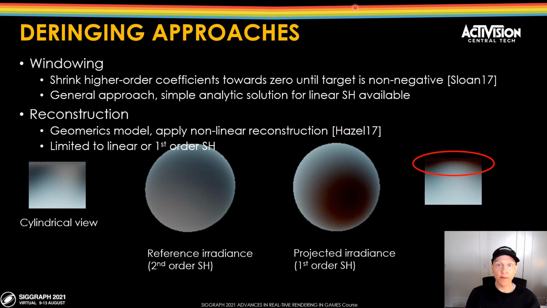On the other hand, we can also modify the reconstruction. Hazel modified the reconstruction to interpolate between the directional and non-directional components to satisfy non-negativity. This approach is limited to linear SH, since it's not straightforward how to generalize it to higher orders.